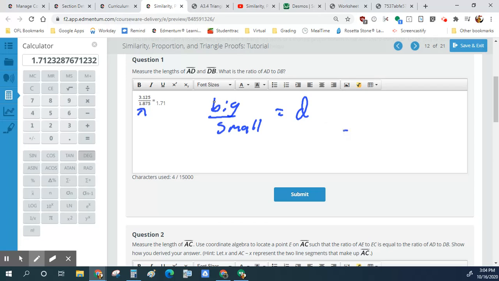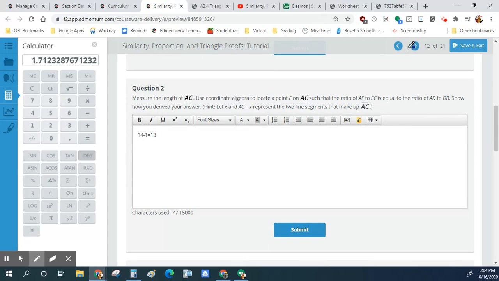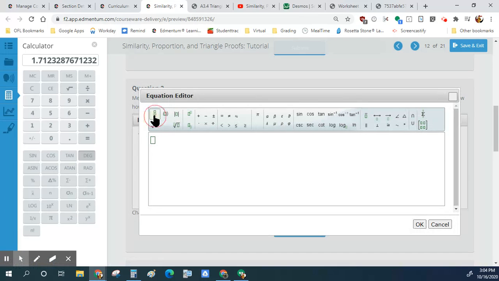This will end up being the small times d equals the big side. But I don't want that. I want to take the big side and figure out the small side. So I'm going to divide. I'm going to take the big side and divide it by my r, or my d, my dilation factor. So my big side is 13, and I'm going to divide that by 1.7.